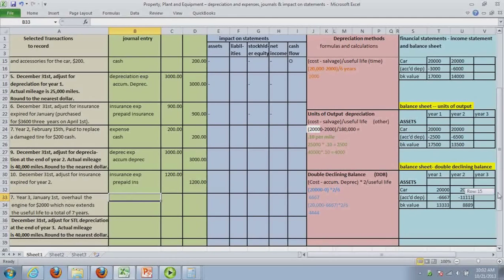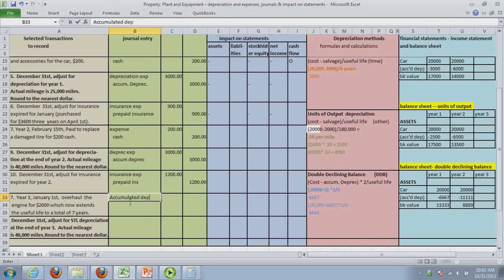And then the final thing we want to look at is what happens when you do have a major overhaul that changes one of those numbers, either the cost or the accumulated depreciation. If you have a major overhaul, you want to make it look younger.